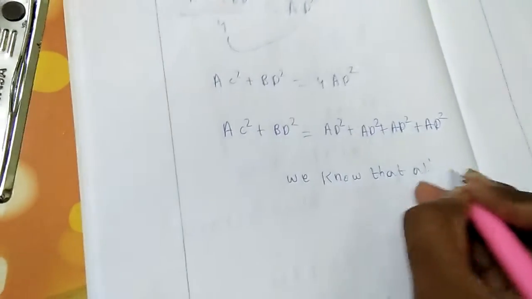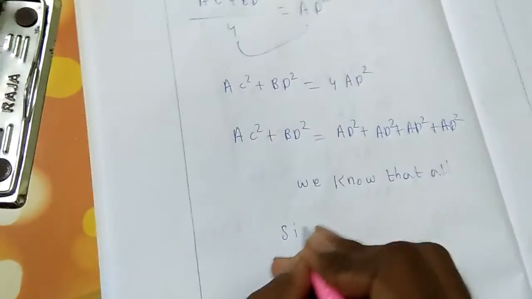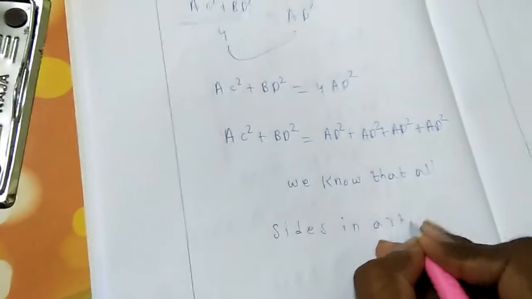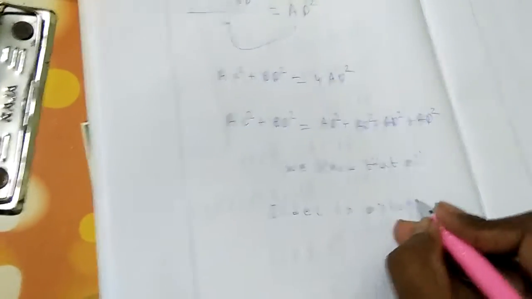So we know that all sides in a rhombus are equal.